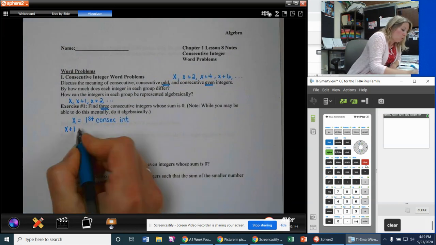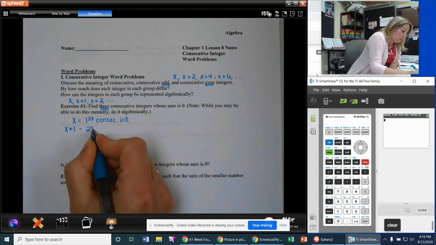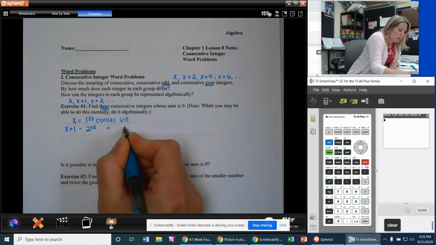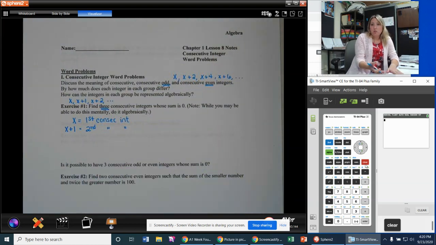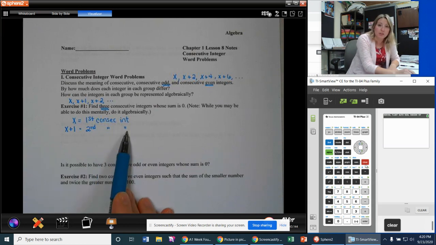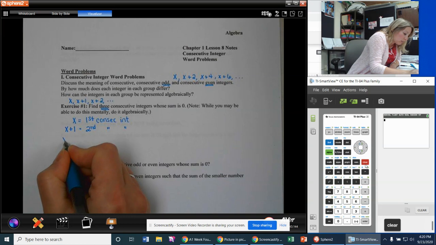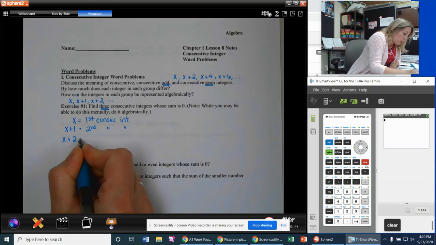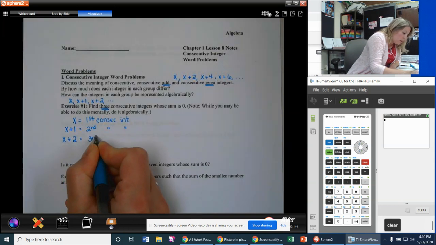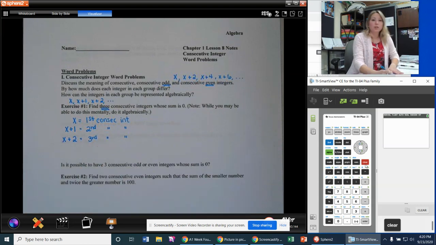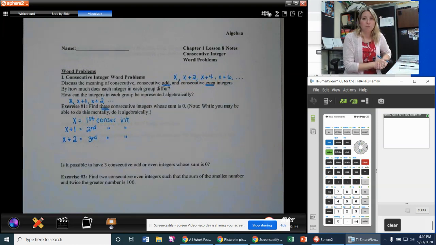So x plus 1 equals your second consecutive integer. What I just used are what we call ditto marks, meaning the same thing on this line. We need 3 total. x plus 2 is the third and last consecutive integer that I need here. Okay?